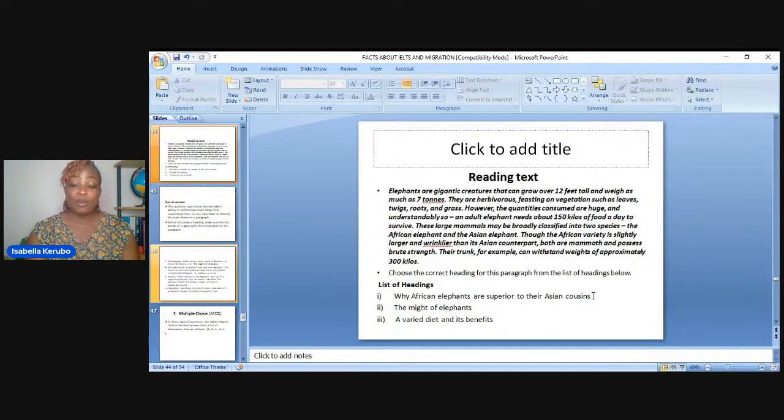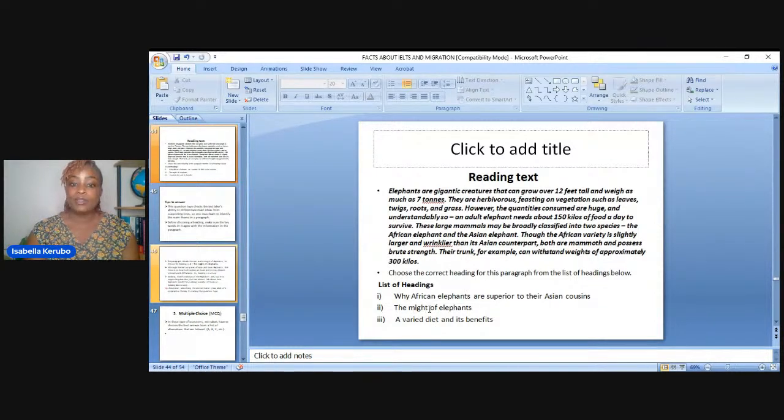It can only be a supporting idea. It's just one point, a supporting point within this whole text. The classification is just one minor, supporting point. All right, so number one cannot be the heading of this text.